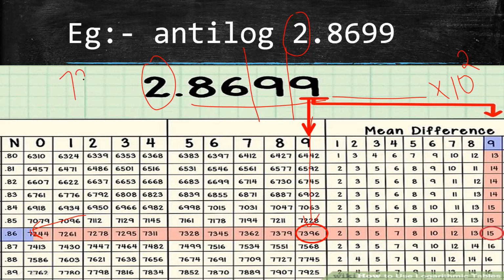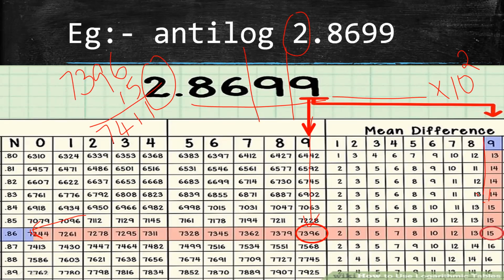So you can write it as 7396. And from the mean difference column, you see the number which is coming under 9. It is nothing but 15. So here you can write 15. So it becomes 6 plus 5, 11, 1, 4, 7. So 7411 is what you're getting.